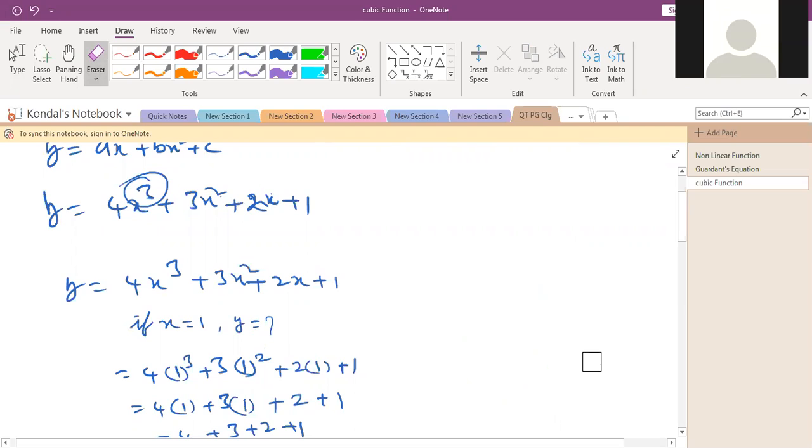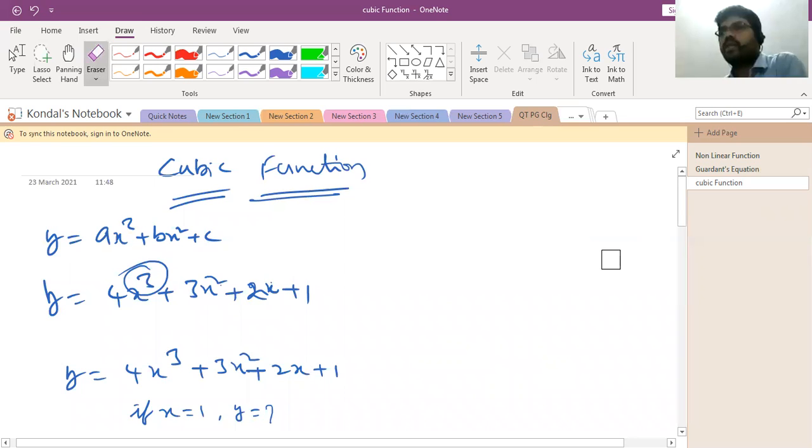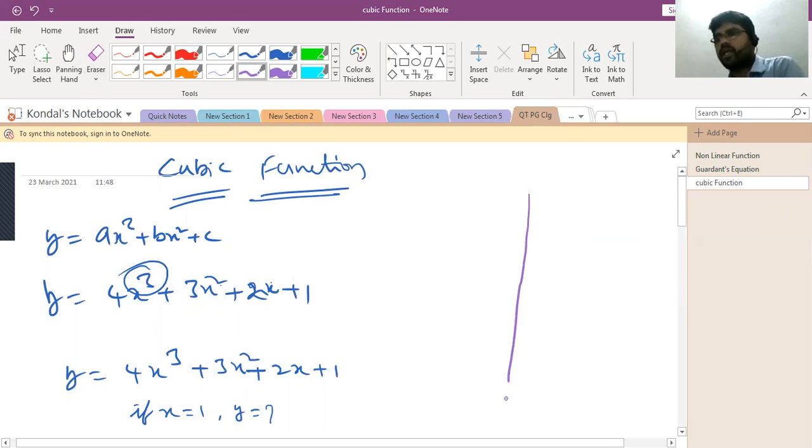Yes, sir. So you can take a straight line. This is minus y, this is y, this is x, this is minus x, right?